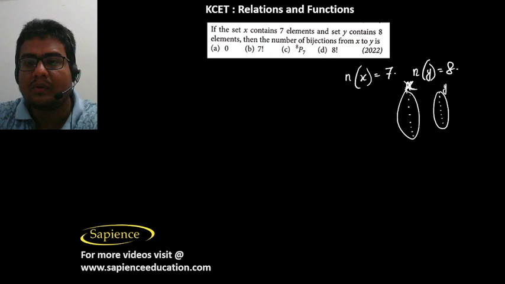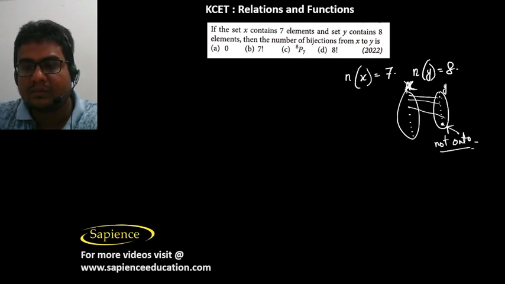But if all the elements are mapped with different elements in set Y, then also one element in the set Y will always be left out. So any relation from the set X to Y can never be onto.